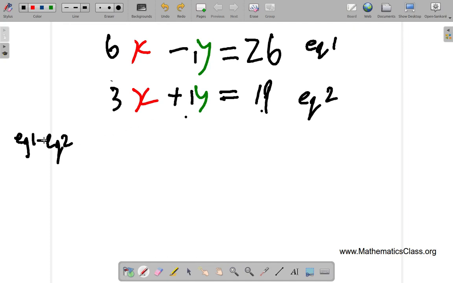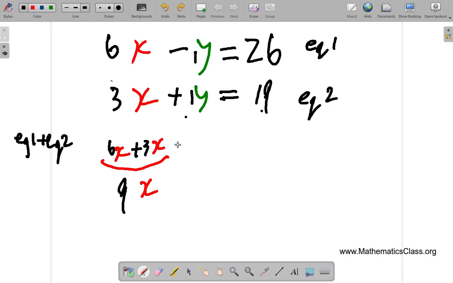If we say equation 1 plus equation 2, 6x plus 3x, the x part works out to be 9x. You see that? 9x.